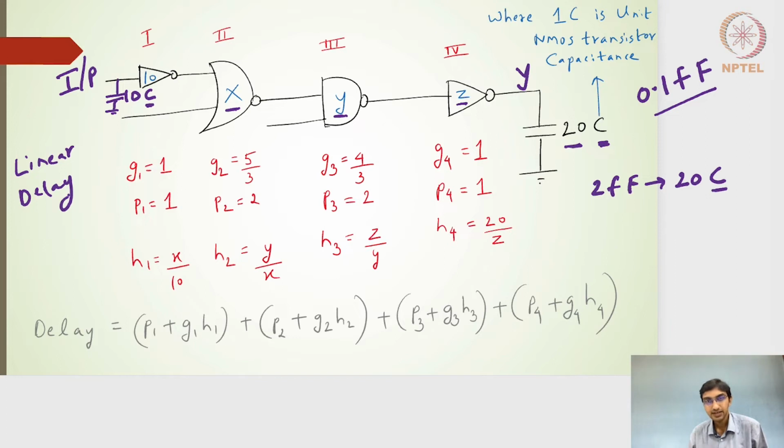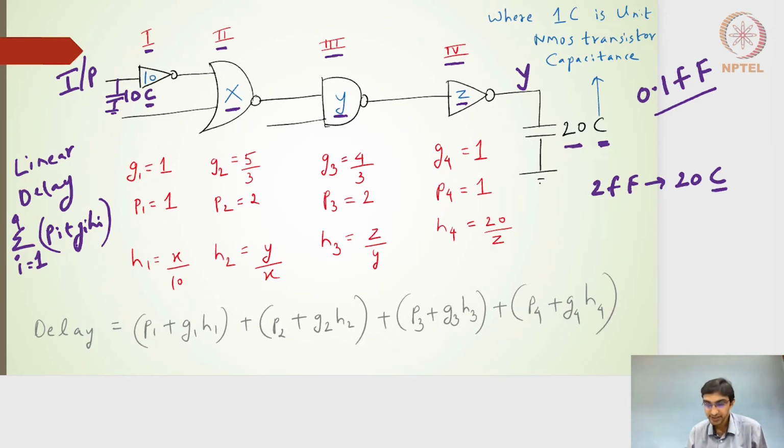For the individual stages, I have written the 1st stage, 2nd stage, 3rd stage, and 4th stage. For each stage we need the logical effort G, the normalized parasitic P, and the electrical effort or fan-out H. Then we do a summation of all 4 stages from 1 to 4 of Pi plus Gi Hi, which gives the overall delay.